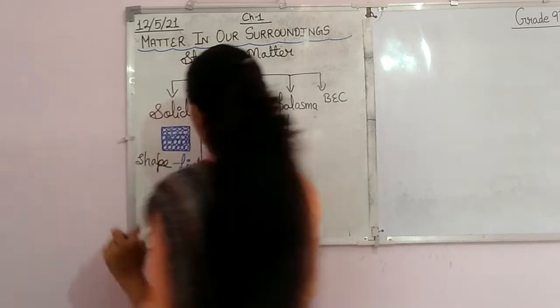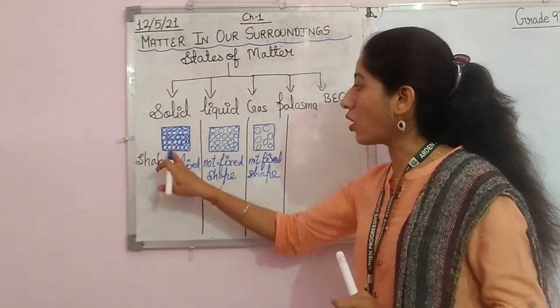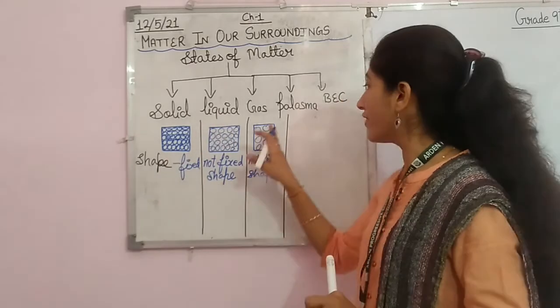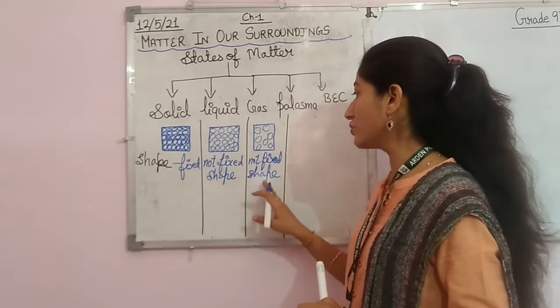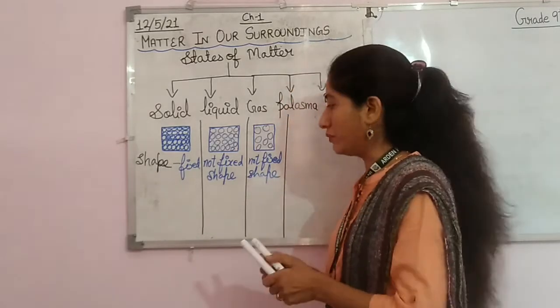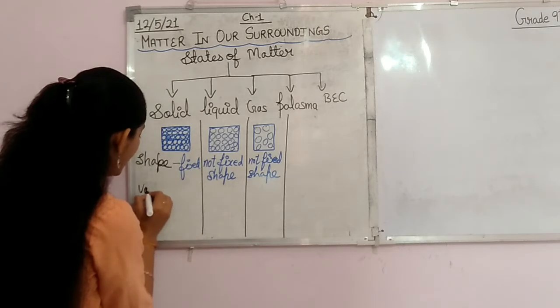Nothing is new there. This you all know about the shape of solid, liquid and gas: solids have fixed shape, liquids do not, and gases also do not have fixed shape.